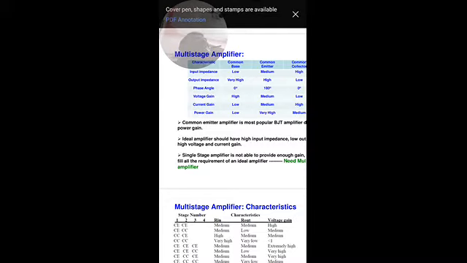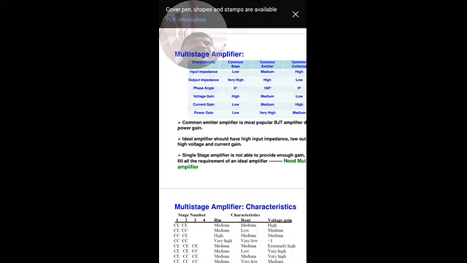So to have all these characteristics, we need to use different configurations. Since these properties are available in three types of configuration, we'll use these amplifiers as stages according to the requirement in the multi-stage amplifier.